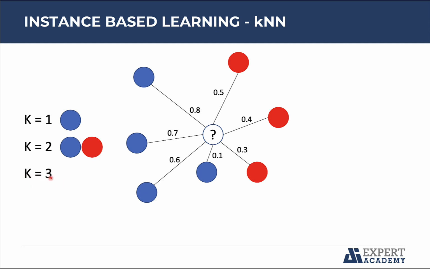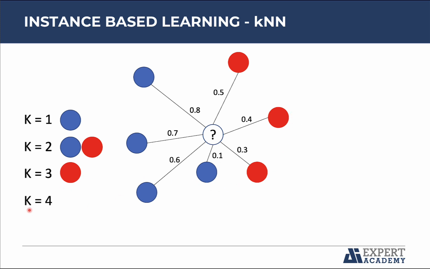If k is equal to 3, we are going to select the 3 closest points, 0.1, 0.3, and 0.4. We can see here that there are 2 red dots and only 1 blue dot. So the new point will be classified as red, 2 against 1.